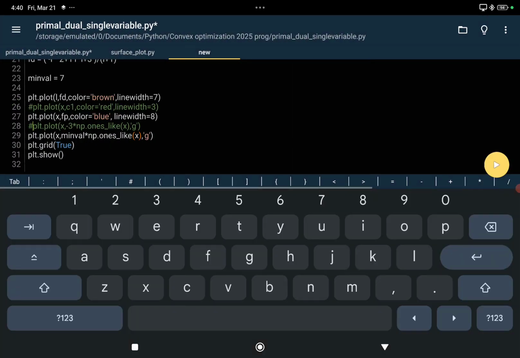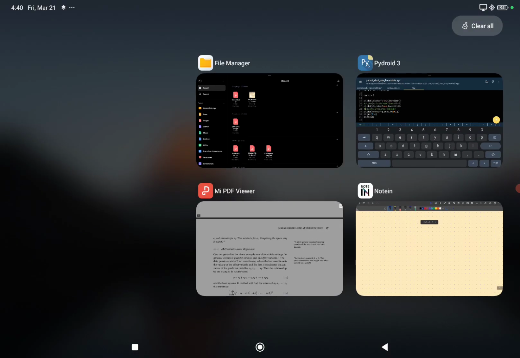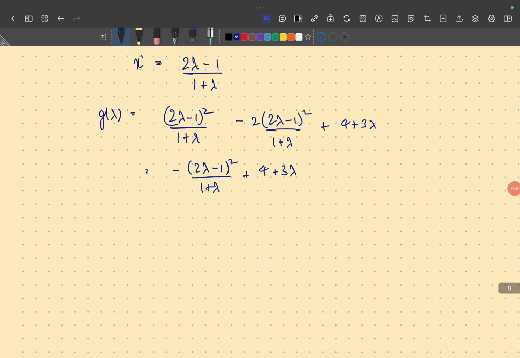But the nice thing in this particular example is that the minimizer is an interior point of the dual feasible set, as we saw in the figure. So in principle, I could just take the derivative with respect to lambda, set it equal to 0, and I would actually get the answer.